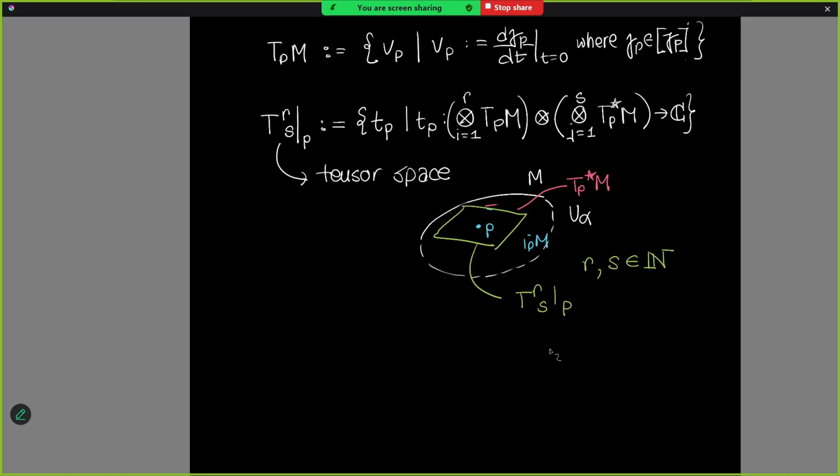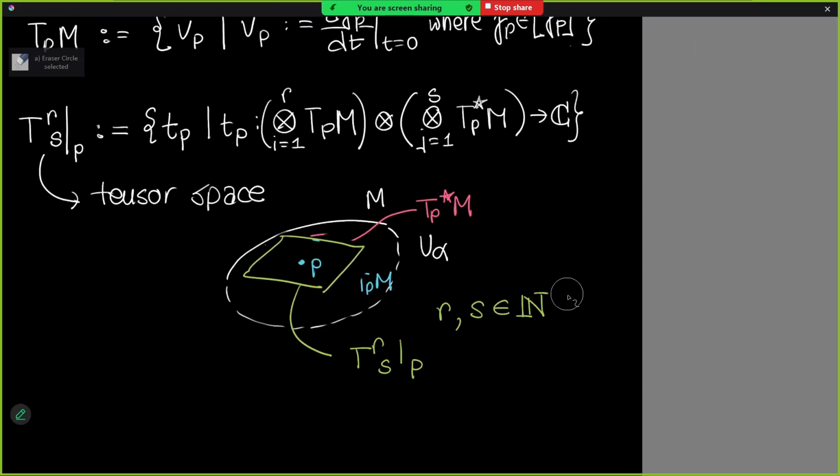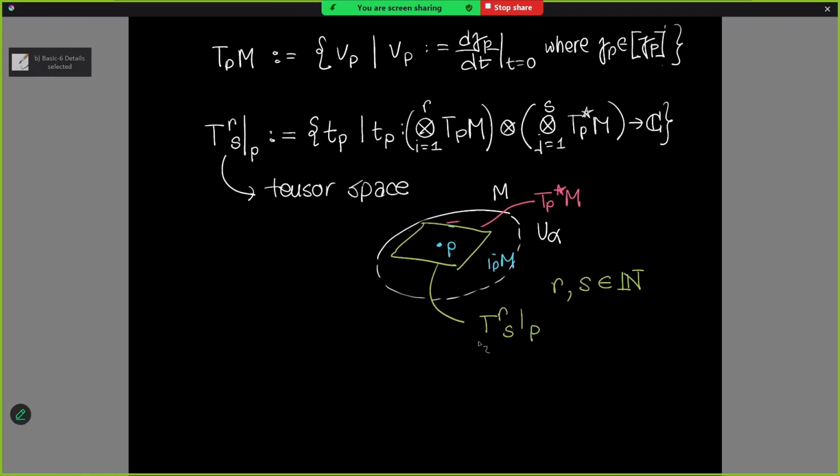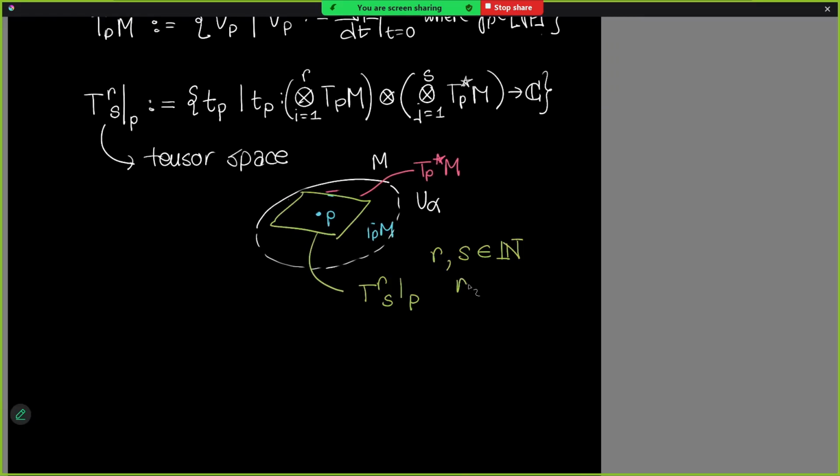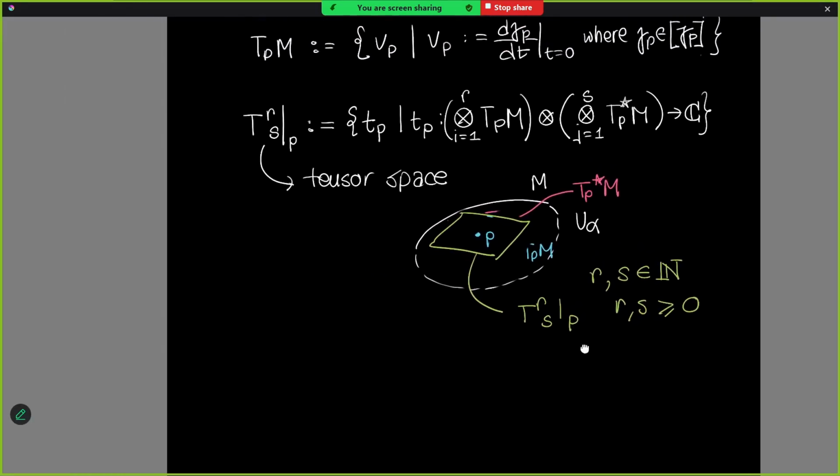There's a tensor space for every r and every s. I don't know if you want to include 0 in the natural numbers. That's up to you, but going up from 0. So r and s are both greater than or equal to 0. So there are countably infinitely many of these tensor spaces at every point.